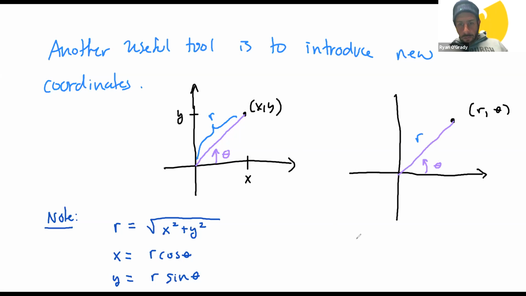And so we call r and theta polar coordinates.